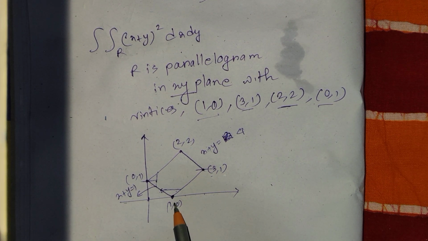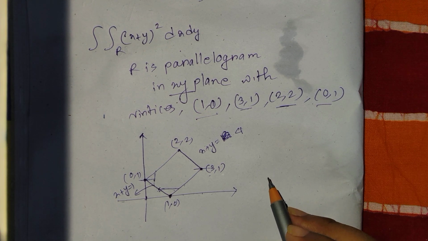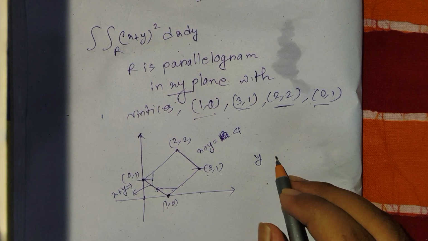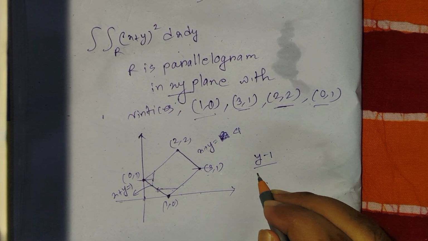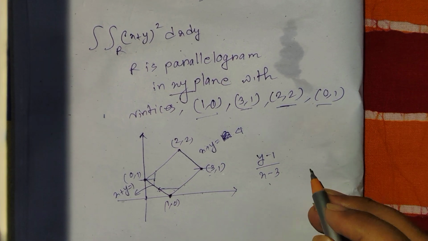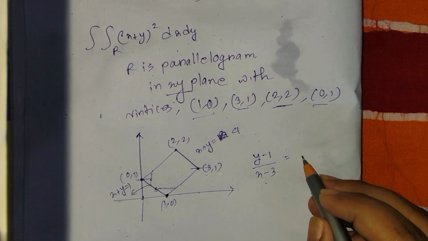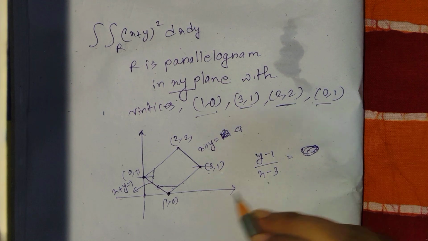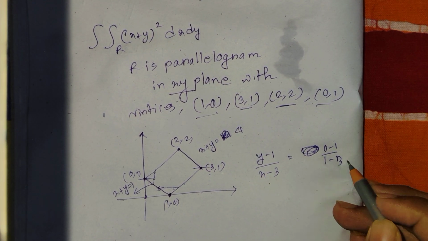Now if we want to find this straight line, we have to use a simple formula, the slope intercept form or something like that. I have forgotten. So y minus 1 by x minus 3 is equal to 0 minus 1 by 1 minus 3, sorry for the mistake.